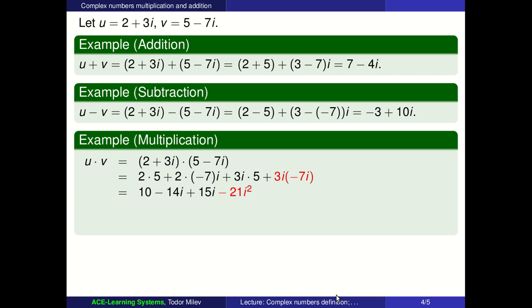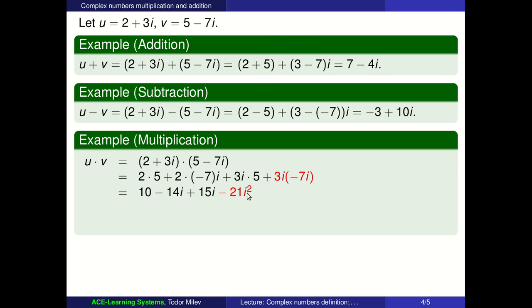Now, so far, the operation that we did was very much similar to usual polynomial manipulation. So we have so far never used the fact that i squared is equal to negative 1. I haven't used it anywhere so far.